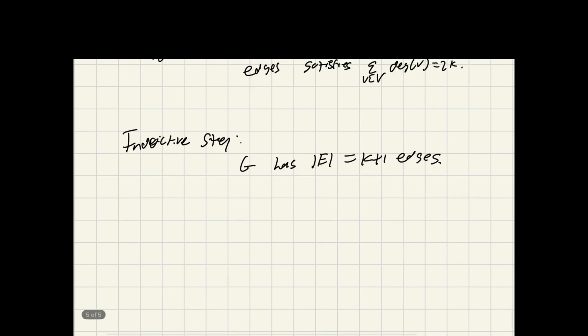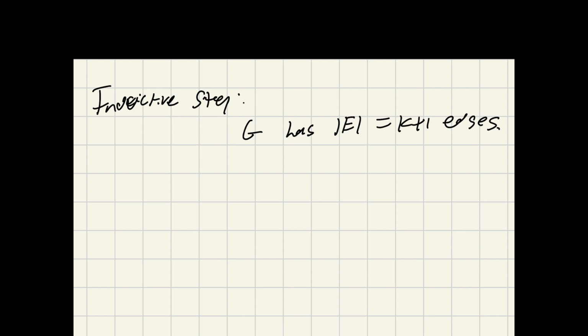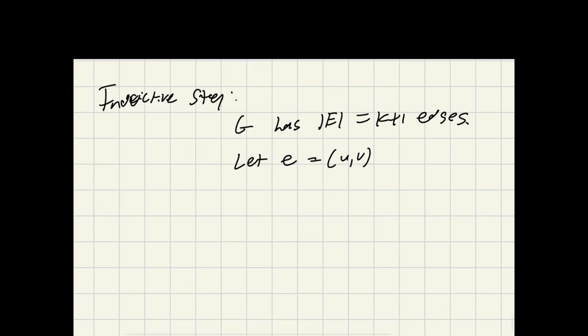That's going to come in handy. So in this graph, we know that it has at least 1 edge, right? Because we added 1. It has k plus 1 edges, and we said that k is greater than or equal to 0, right? So let E be equal to (U, V), and this is just edge notation for saying that the edge is shared by U and V.